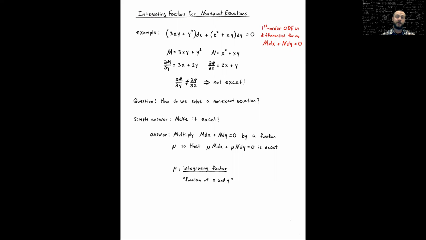Our hope is that once we multiply our original differential equation by mu, the new equation, mu M dx plus mu N dy equals 0, would now be exact. Our goal is to figure out what this function mu is, called the integrating factor. And mu in general, like M and N, can be a function of both x and y.